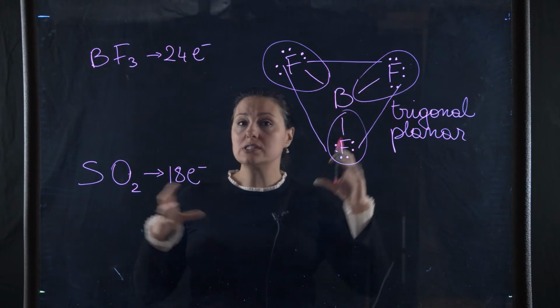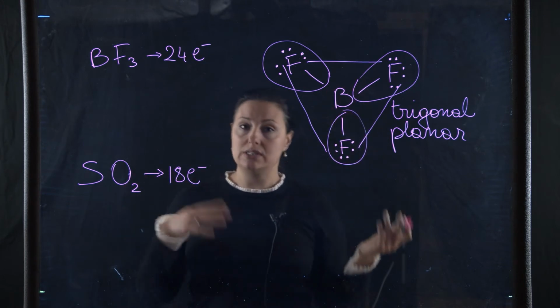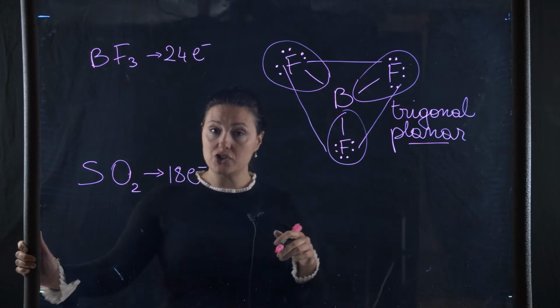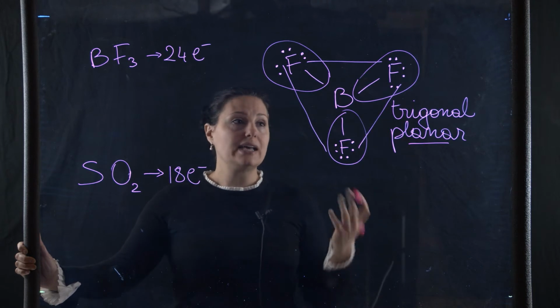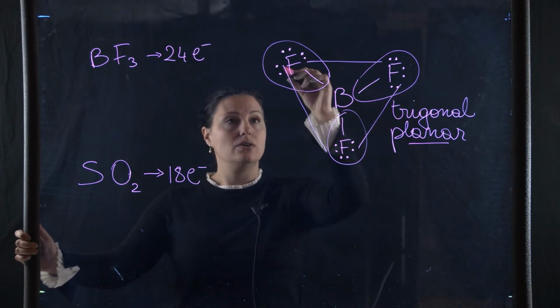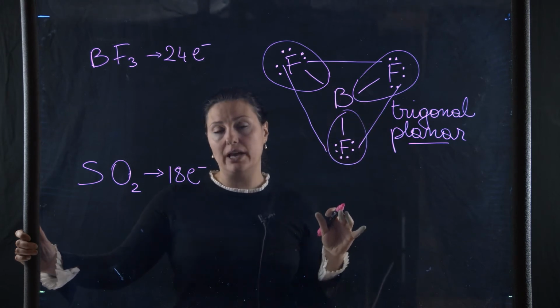That's the furthest away they can be from each other, 120 degrees, because now I have 3 groups instead of 2. So the trigonal planar is the electron pair geometry and the molecular geometry for this one, because they match. I have 3 atoms around that central atom, and I don't have any lone pairs.